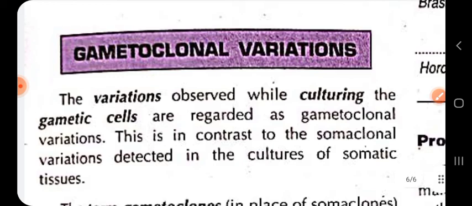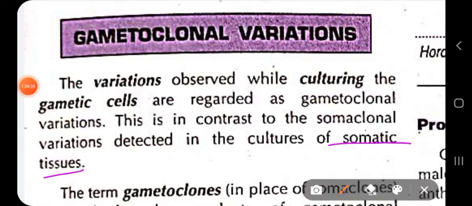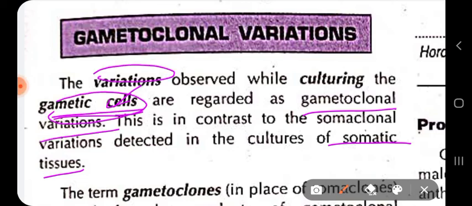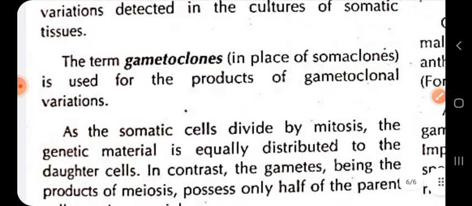It is in contrast to the somaclonal variation detected in cultures of somatic tissues. That's why we write somaclonal variation, because we obtain it from somatic tissues. But gametoclonal variation is when we are culturing the gametic cells, and the variation we get from those cells.